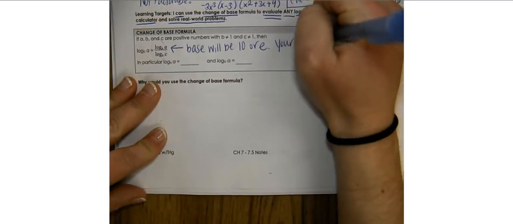So what log base b is, is your common log base or your natural base. So the base that you're going to use will be 10 or e, your choice. So what I mean by that is this.